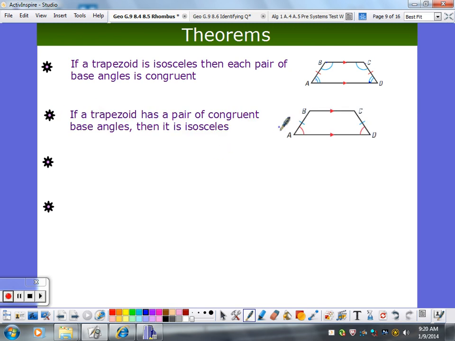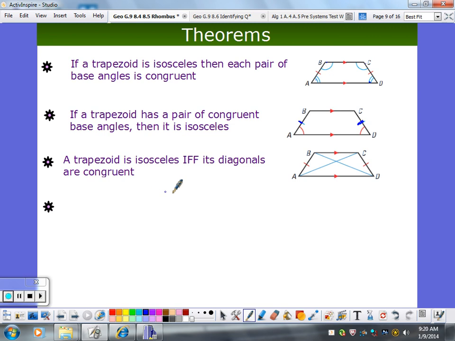If a trapezoid has a pair of congruent base angles, so if you know it's a trapezoid, and you find that these angles are congruent, then it must be that these sides are also congruent. The trapezoid is isosceles if and only if, so again, biconditional, the diagonals are congruent. So if you have an isosceles trapezoid, diagonals will be congruent. If you have a trapezoid with diagonals that are congruent, it is isosceles.